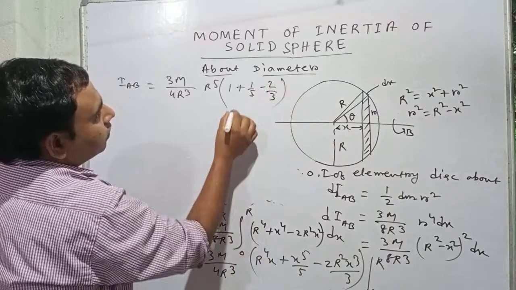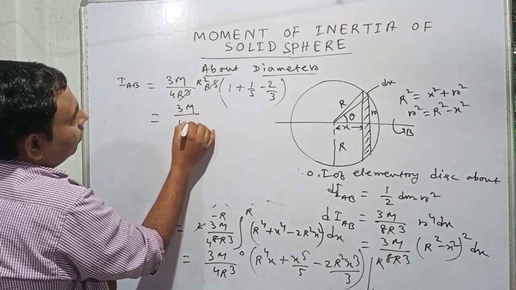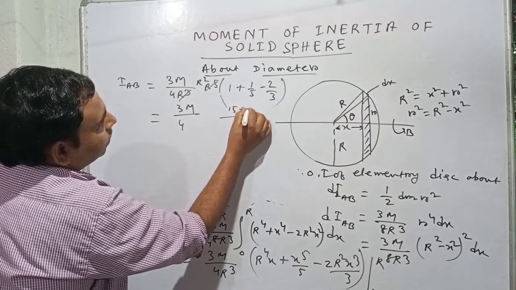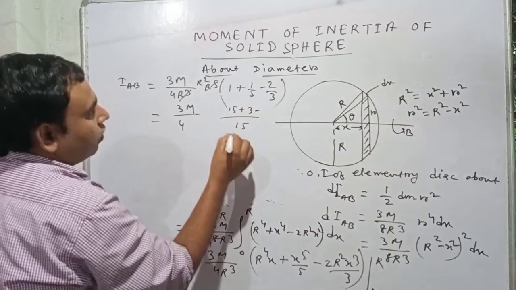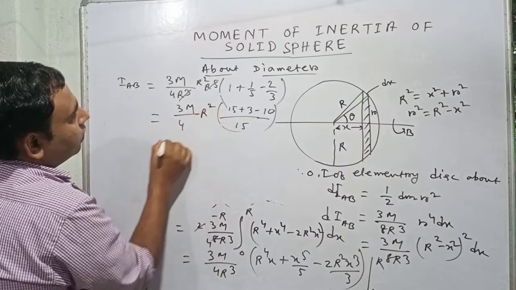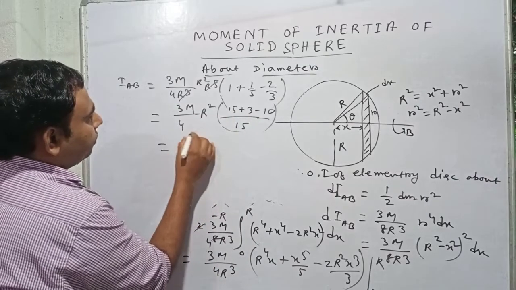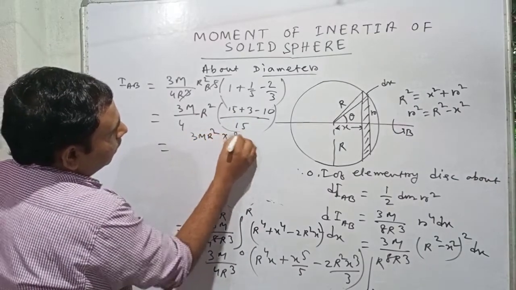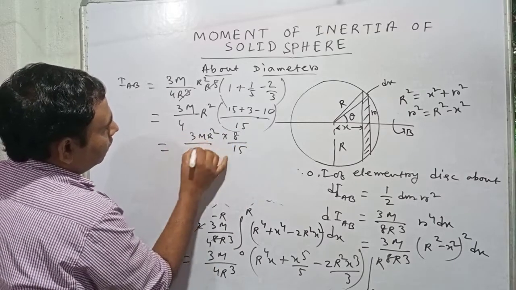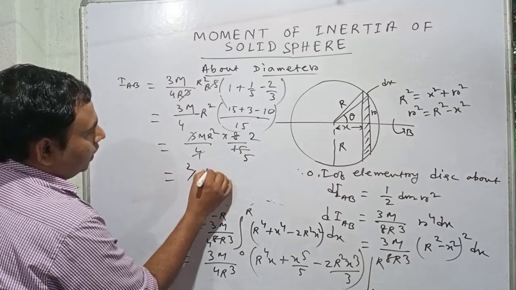That is R square times 3m divided by 4 times (15 plus 3 minus 10) divided by 15, which is 8 by 15. So 3m R square into 8 by 15 divided by 3 by 4 equals 2 by 5 m R square.